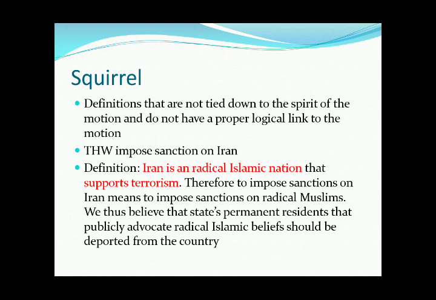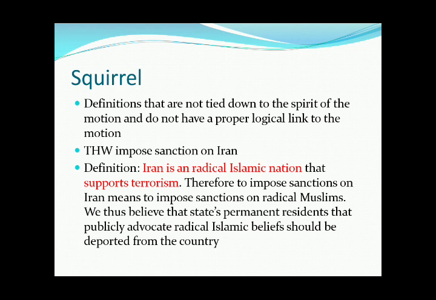So when you say that Iran is an Islamic nation, and an Islamic nation supports terrorism, it will be a squirrel, because this kind of definition will lead to the idea that all Muslim nations are terrorists and support terrorism.